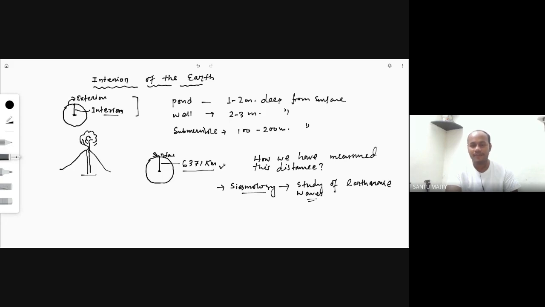When you throw a stone in a pond, you will see that the water ripples, or certain waves are formed. So this is the concept of waves. Is it understandable?